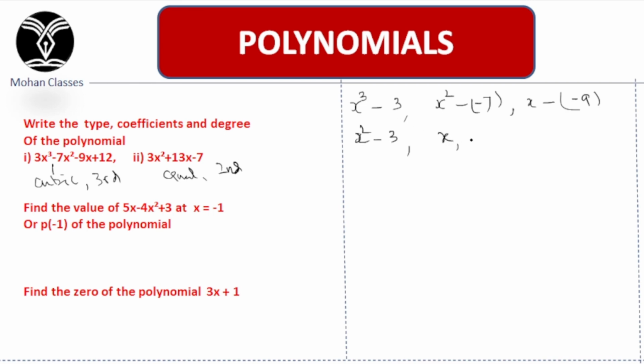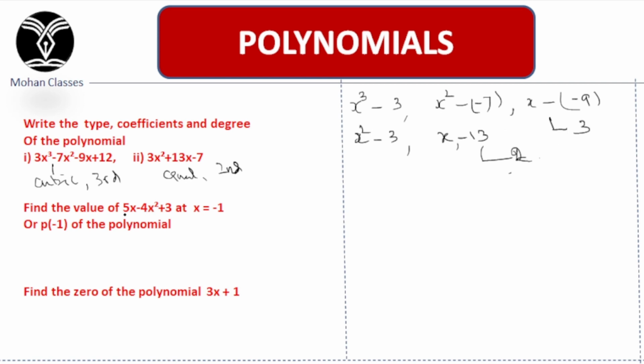Coefficient of x is 13, right? That's it. Then what is it asking? Degree. What is the degree of this polynomial? The degree is 3 here. Here the degree is 2. Okay? Or we can call it a quadratic or cubic polynomial.